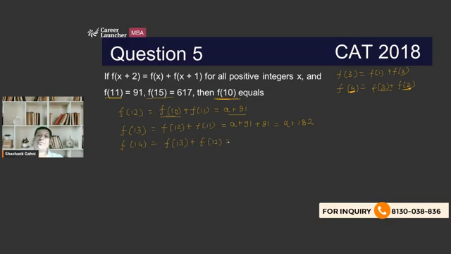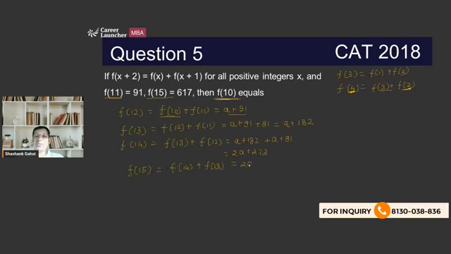What is the value of f13? We have calculated it, a plus 182. F12 is a plus 91. So what I'm going to get is 2a plus 273. Okay. What is the value of f15? That is equal to f14 plus f13.